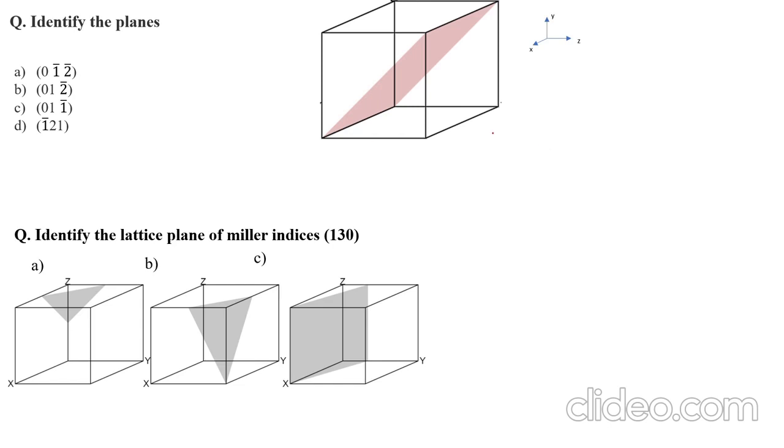That means you cannot choose this as an origin because it contains the plane. So you have to choose an origin which does not contain the plane. So can anybody tell me what the plane is? You have to choose the origin very carefully in this question.